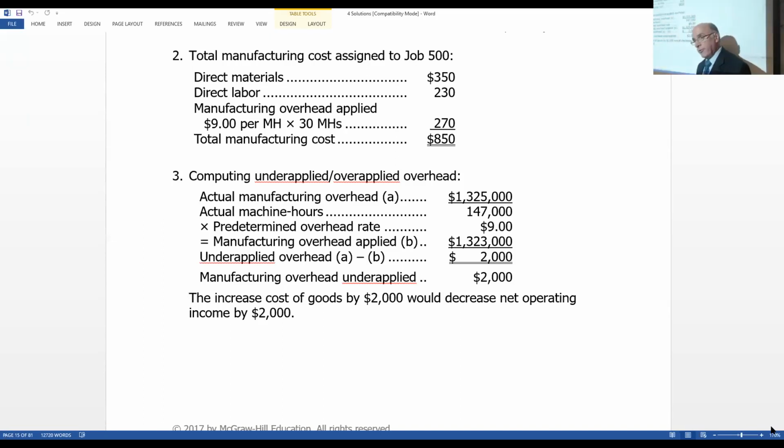So gross profit is going to be 2,000 less, and net operating income is also going to be 2,000 less, because you don't take the tax into consideration until farther down on the income statement. So there's two ways they could ask the question. They can say, what's going to be the effect on net operating income? Or they can say, what's going to be the effect on gross profit? The answer is going to be the same, 2,000 less.